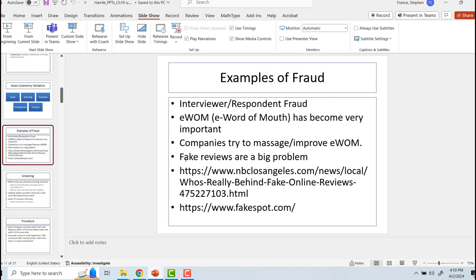That was a really nicely done piece, just to talk a little bit about data fraud, not from the context of surveys, but from the context of analyzing online reviews. Again, this is a more general marketing issue, but it's also an issue if we're doing data analysis based on reviews.